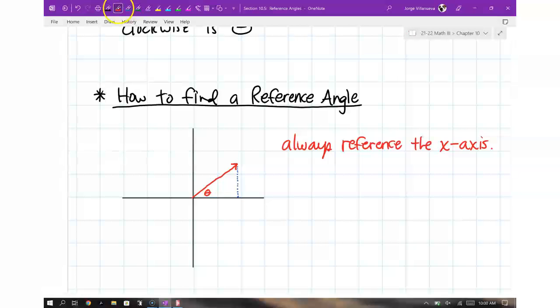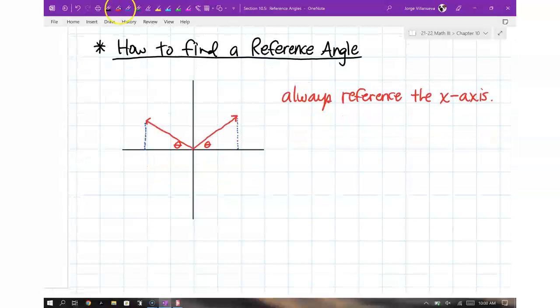If your angle is way over here, still do the same thing. Reference the x-axis, and this is the angle they'll be talking about. If they happen to draw an angle that's way out there, then draw a line from the line that they're giving you as your angle, and then reference that little triangle angle that you made.